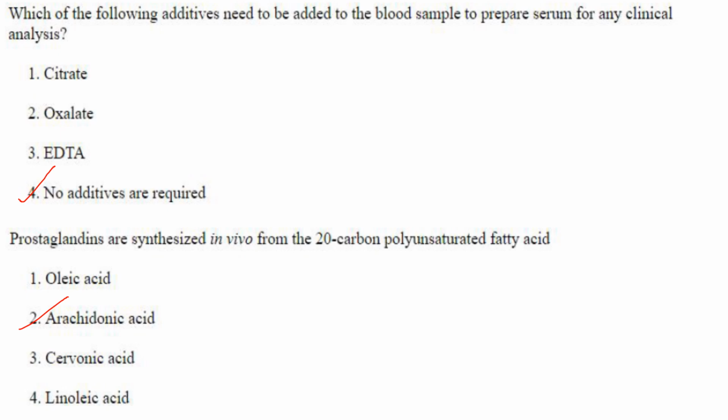Now serum is prepared by allowing the blood to clot and then centrifuging it and separating the solid components from the liquid serum. So no additives are usually needed for this procedure. The citrate, oxalate, EDTA are all anticoagulants used to prevent blood clotting. So the answer here is option 4.